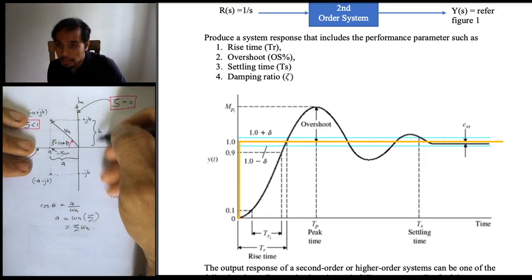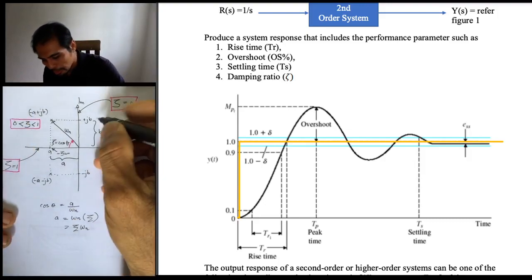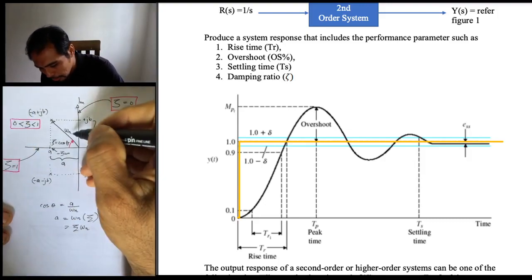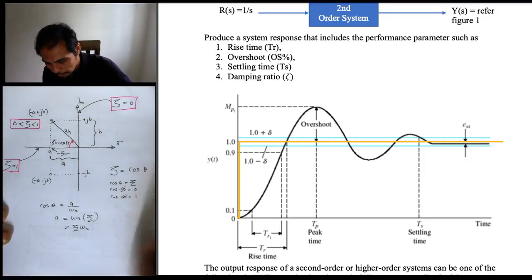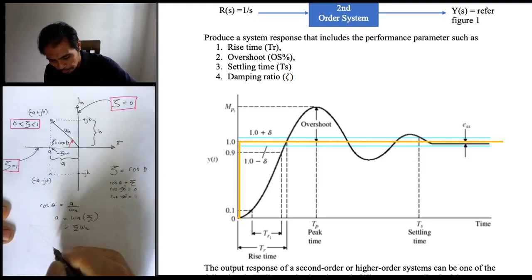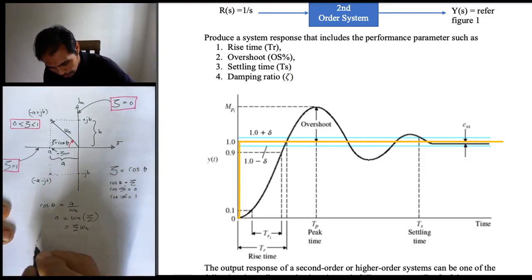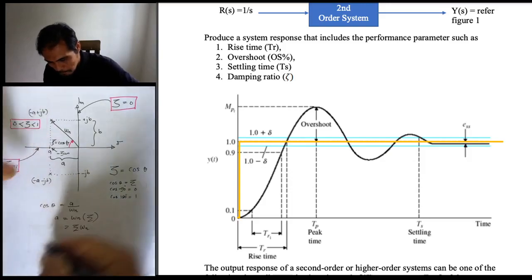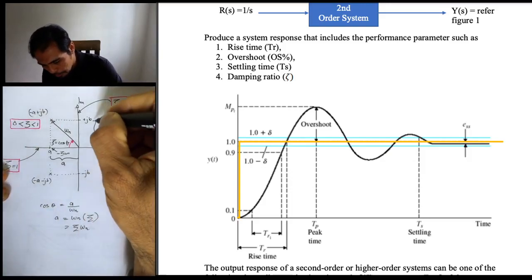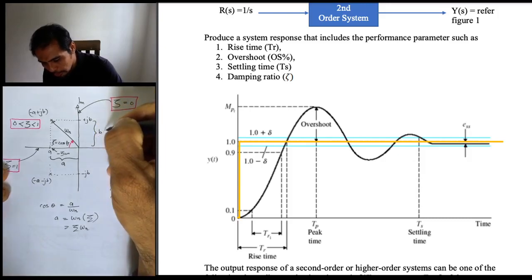Okay, now we need to find B. What is B? We can use the Pythagoras theorem. We know that B, we can say B is omega d because it's a damped frequency here, right?